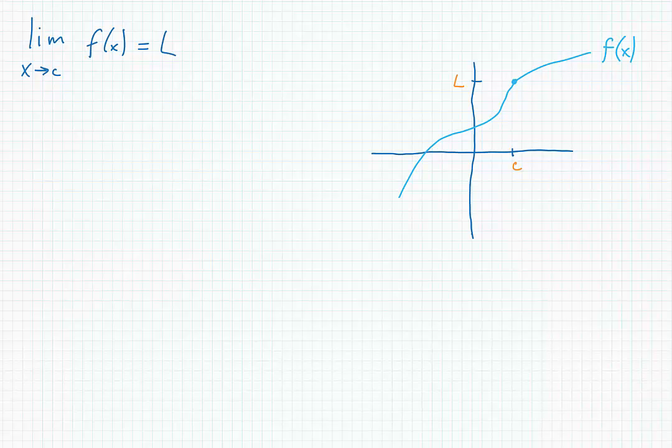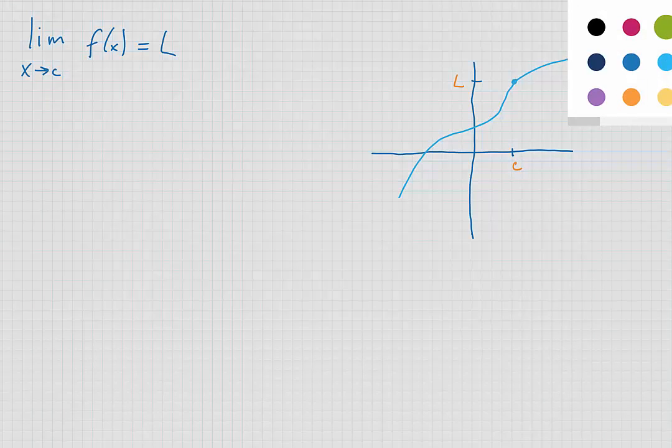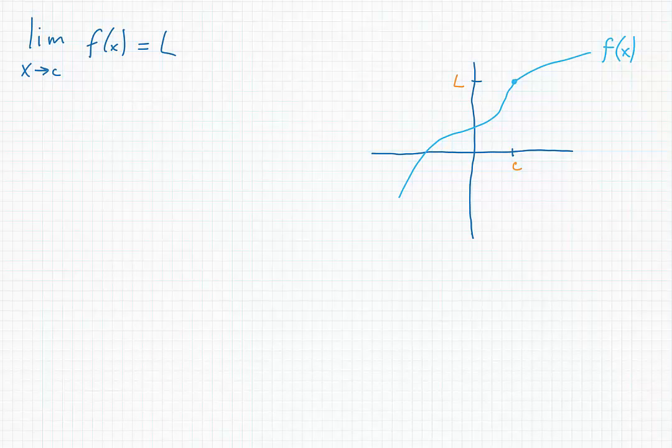Now, we need to find this delta such that if 0 is less than the absolute value of x minus c is less than delta. All right, that's kind of the first weird piece. All we're really saying there is that we're going to create kind of a boundary around c. So there's going to be some value on the left, which is really c minus delta.